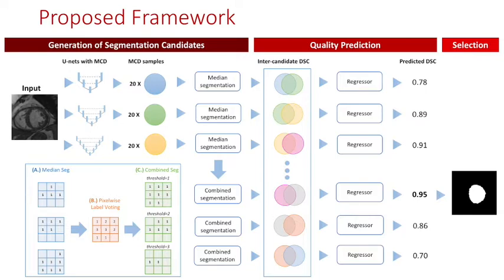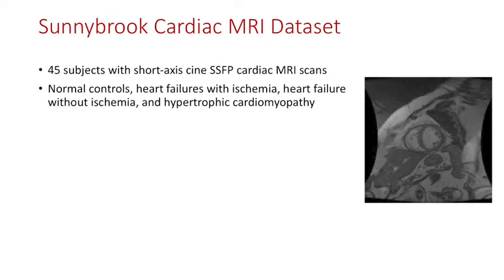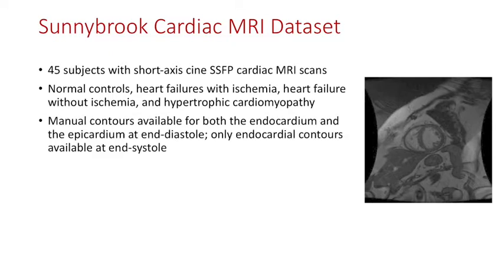We applied this framework on the Sunnybrook cardiac MRI dataset of 45 subjects, consisting of normal controls, heart failure with ischemia, heart failure without ischemia, and hypertrophic cardiomyopathy. They were manually contoured for both endocardium and epicardium at diastole, and that's what we used for training and testing in this work.